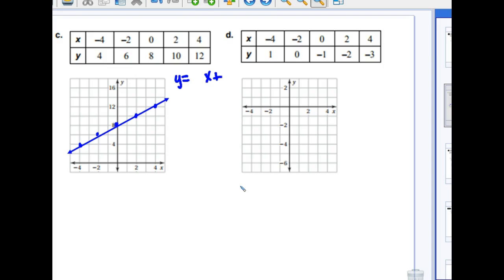Why is it -4? What is my y-intercept? Where does it cross the y-axis? At 8. When x is 0, that's my y-intercept.